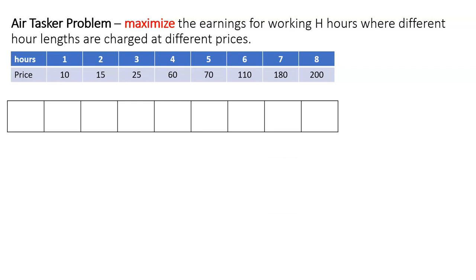So let's set up a table to do this. This can be the revenue table, and we can initialize that, assuming we are selling 8 hours of our time on AirTasker. We can set up indexes for the positions of that revenue array, including a 0 index. Obviously we want to run dynamic programming to work out the maximum earnings we can make.